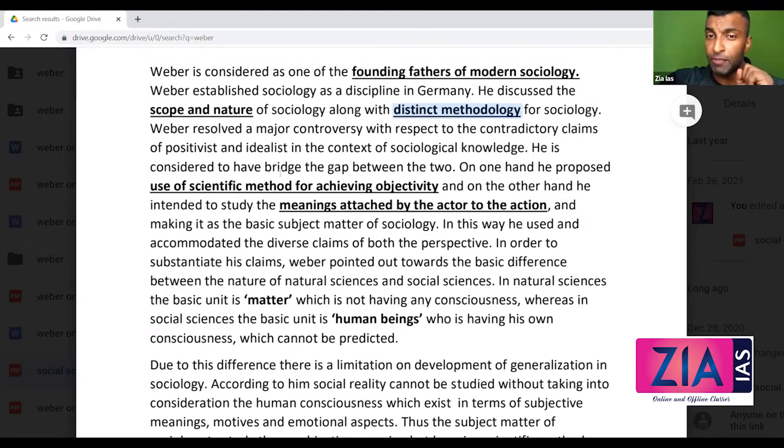He is considered to have bridged the gap between the two. On one hand, he proposed the use of scientific methods to ensure objectivity. That way, he's a positivist, ensuring objectivity, scientific methods and all, right? On the other hand, he intended to study the meanings attached by the actor to the action, meanings, the internal aspect. In this way, he's a non-positivist also, making it the basic subject matter of sociology.